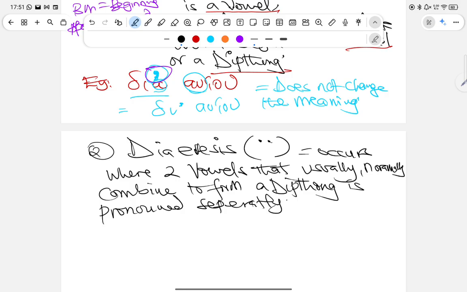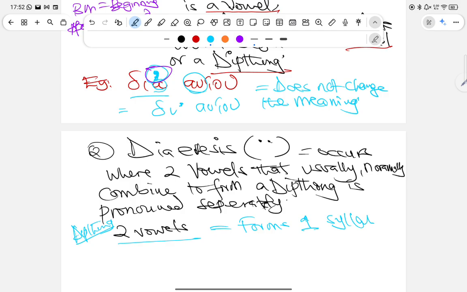Okay, now let me explain that a little bit. When we were looking at a diphthong, it says two vowels. A diphthong is two vowels that form one syllable.